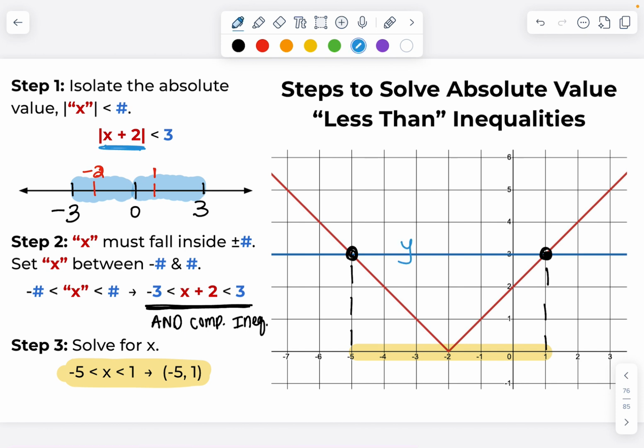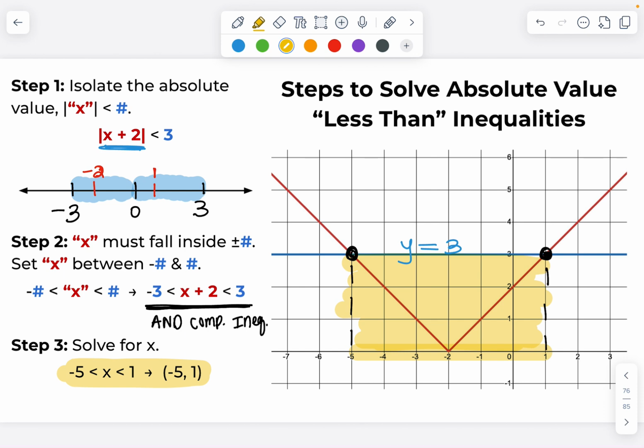So this is the line y equals 3, and I'm looking for when my absolute value function is less than that. So it is this whole part of my graph right here, and that part of my graph exists when my x values are between negative 5 and 1. So that's how the math connects to the graph.